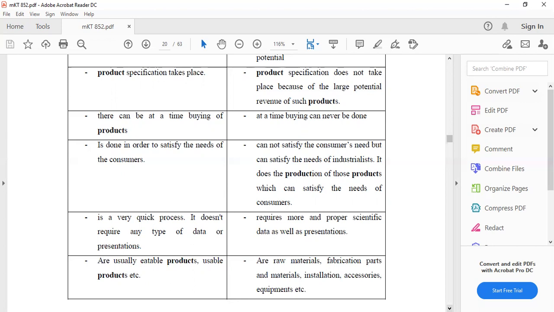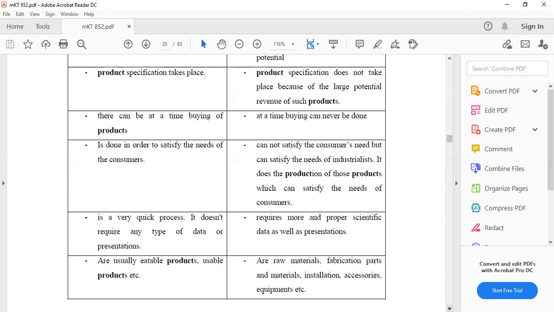Then consumer buying products are usually eatable products and usable products. That of industrial buying are mostly raw materials, fabrication parts and materials, installations, accessories, and equipment. So the categories of industrial products which are normally purchased are raw materials, fabrication parts and materials, installations, accessories, and equipment. So side by side, you can understand the sophistication of the items that are normally purchased.